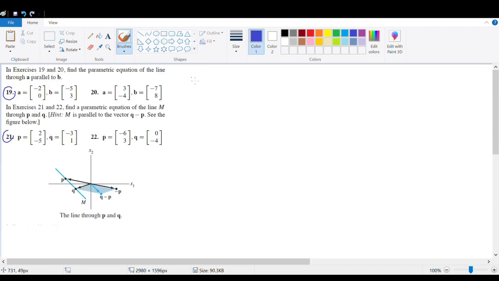In exercises 19 and 20, find the parametric equation of the line through a parallel to b.